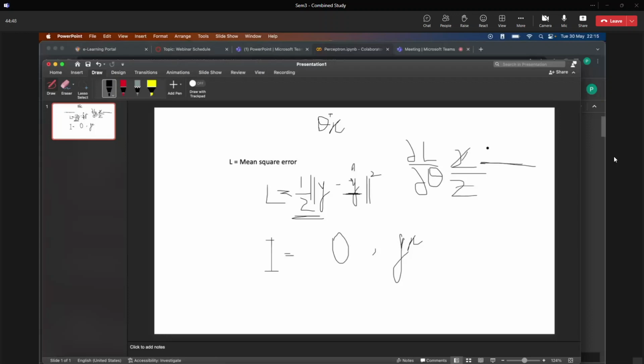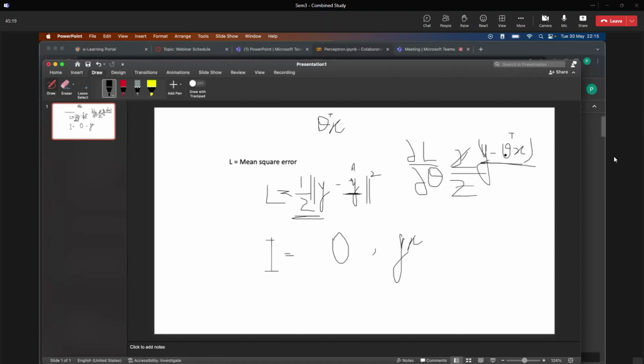Okay. So what will happen here if I differentiate it with theta? First, I will write down this whole function as such. So 2 I got, then y minus theta transpose x. Now we will differentiate this entire term inside this bracket.